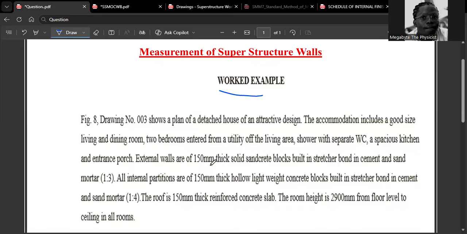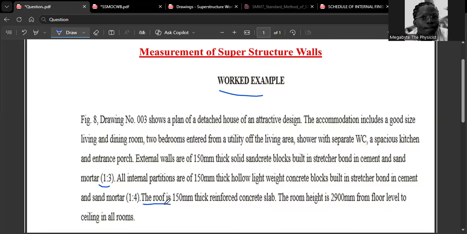External walls are of 150 mm thick solid concrete block built in stretcher bond in cement and sand mortar of ratio 1:3. All internal partitions are of 150 thick hollow lightweight concrete block built in stretcher bond in cement and sand mortar of ratio 1:4.